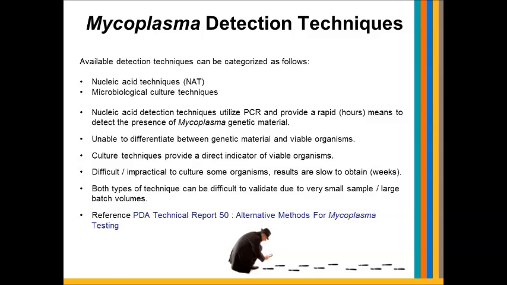So what are the current state-of-the-art techniques that people are using to detect mycoplasma? Really, there's a nucleic acid technique and, of course, traditional microbiological techniques. The PCR methodology is very good because it's rapid and you can detect the presence of mycoplasma genetic material, but you're unable to differentiate between genetic material and the live viable organisms.